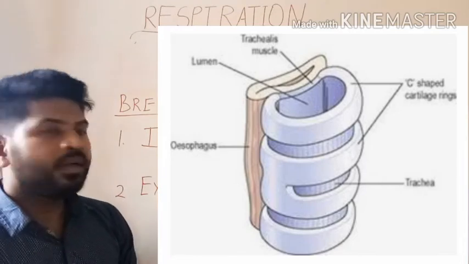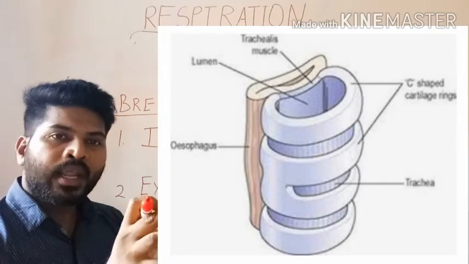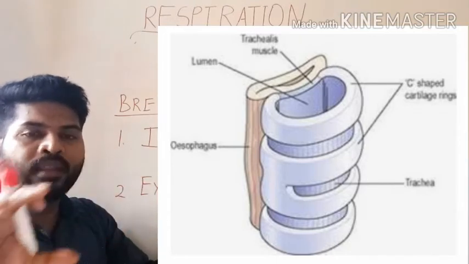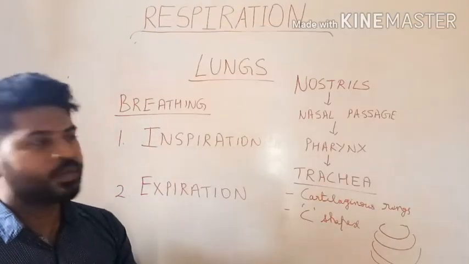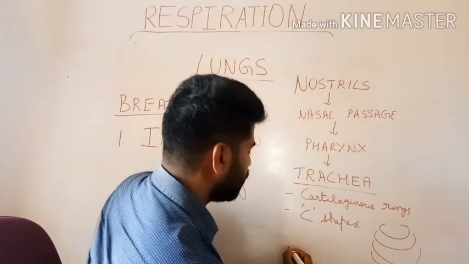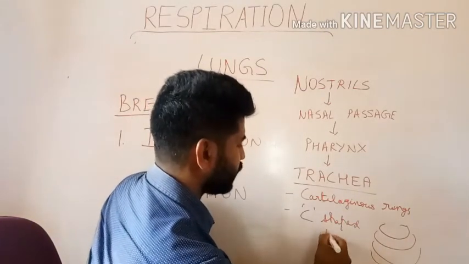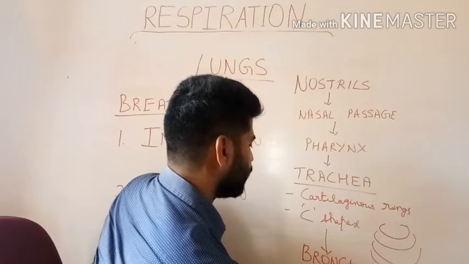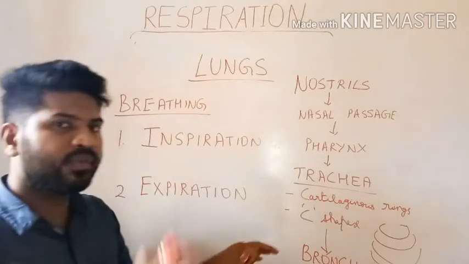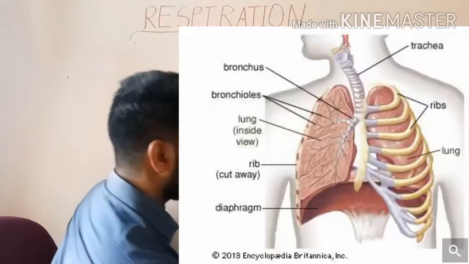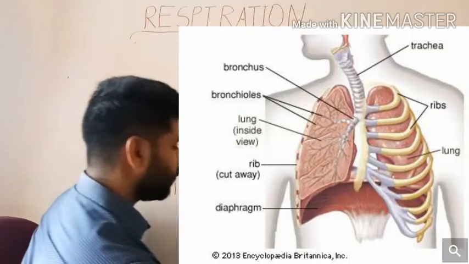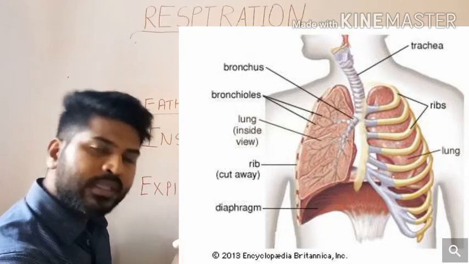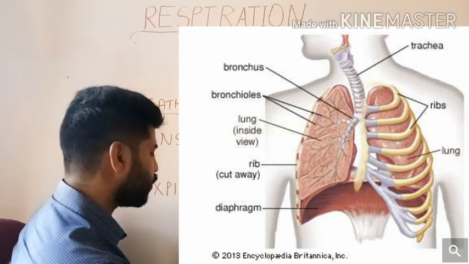From the trachea, it will then branch into the left lung and the right lung. This branch is what is called the bronchus. There are two bronchi, left and right. The bronchus will then further divide into bronchioles, the further branches of the bronchus.